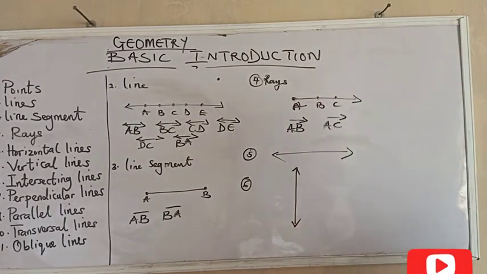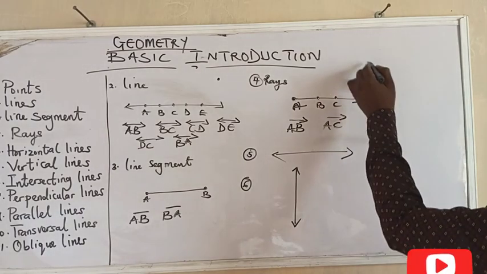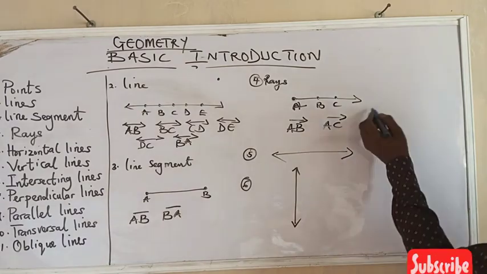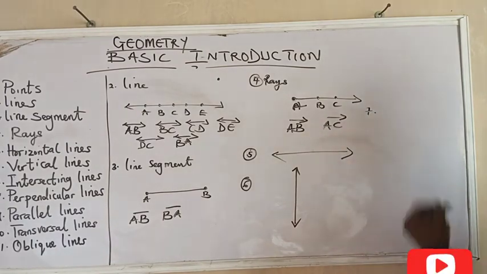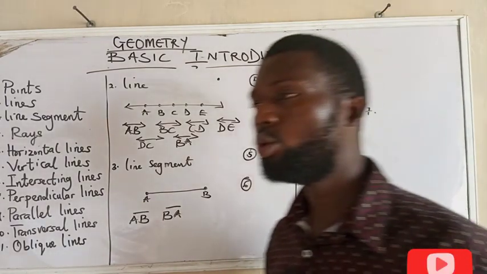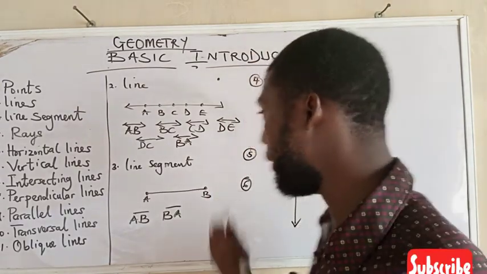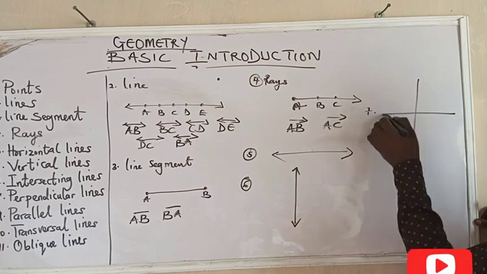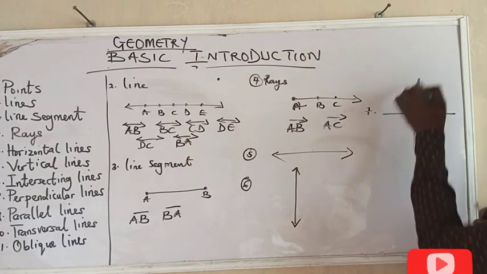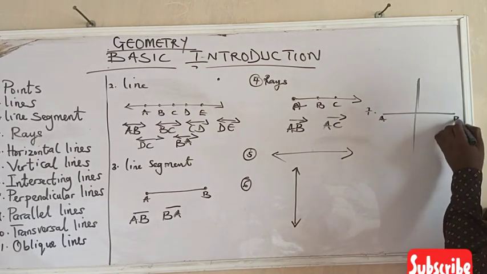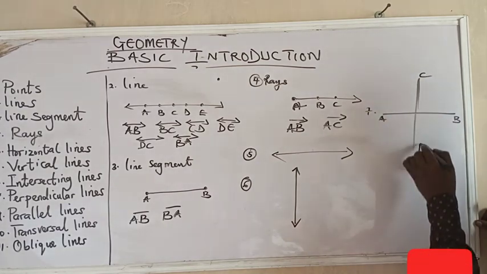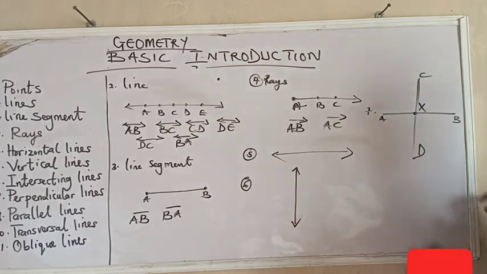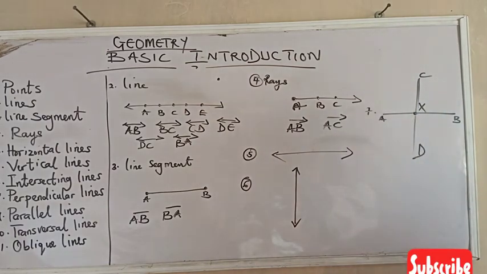So let's look at the seventh one, which is intersecting lines. Intersecting lines has to do with two lines meeting at a point. So if I say this is A, B, C, and D, and they meet at point X, we can say this is intersecting lines.